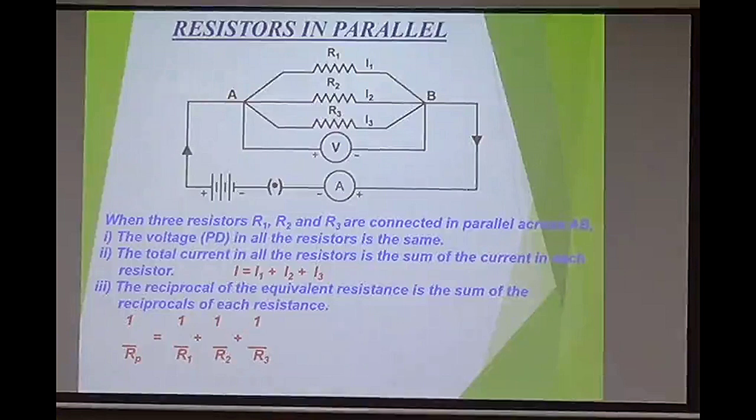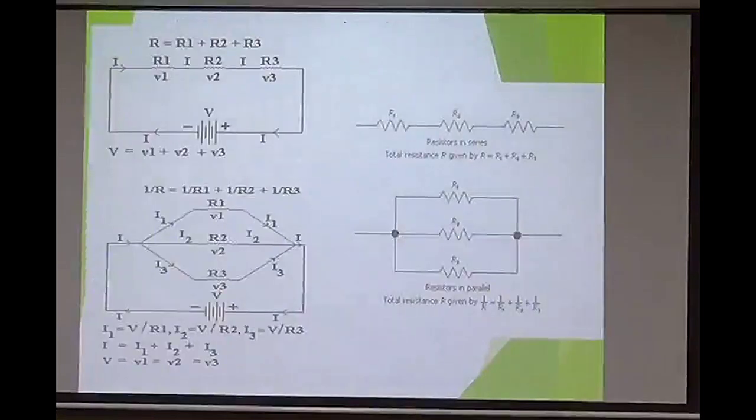Again, using Ohm's law, you can substitute for I, V upon R, and substituting that we get 1 upon Rp, the net resistance, is equal to 1 upon R1 plus 1 upon R2 plus 1 upon R3. So, in this circuit, you can see three resistances which are connected in parallel. You can see the derivation also.